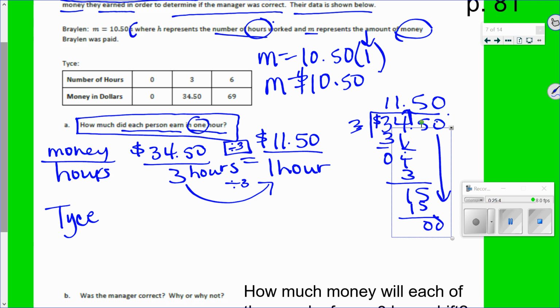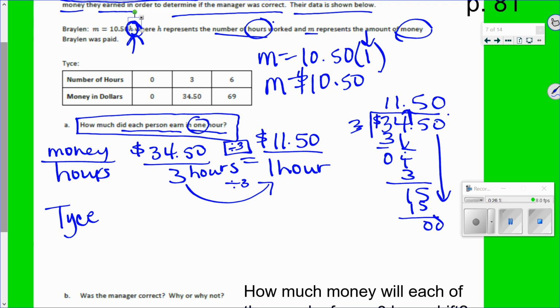Right here is where I could plug in hours. If I wanted to know 10 hours, I could plug in a 10 right there. It was H right here. How many hours did we want to know though? 1. So I plugged in 1. If I wanted to know 10, Michael, I could plug in 10 right here. Where there's a variable, I can always plug in a number.